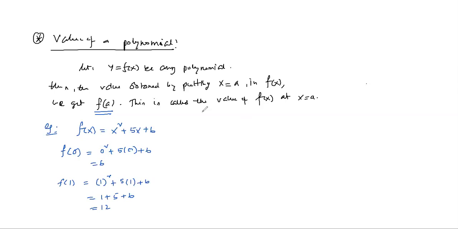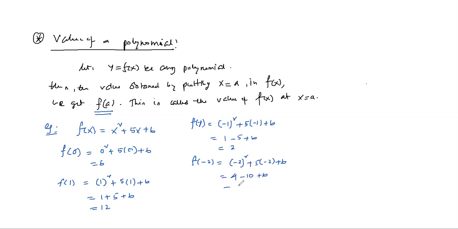Now if we ask you to find f(-1), you get 1 minus 5 plus 6, it is 2, right? If I ask you to find f(-2), then you put it here, minus 2 square, 5 times minus 2, plus 6. So this is 4 minus 10 plus 6, giving you 0.